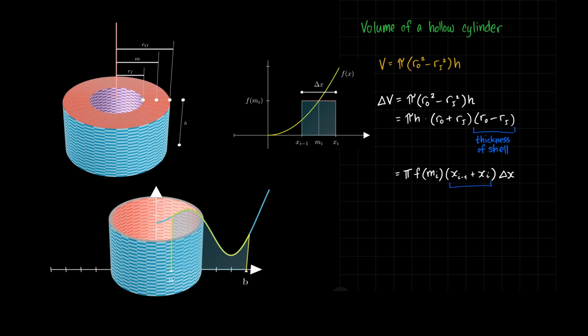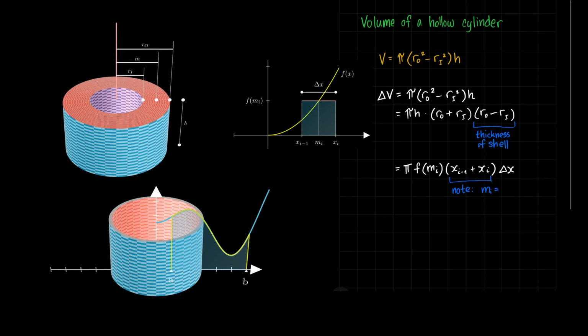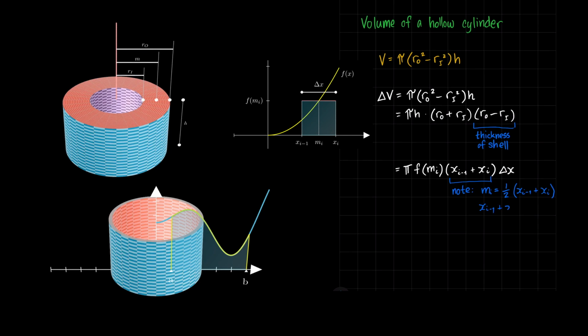Pero si midpoint m sub i, hindi ba siya mismo yung average nung x values nung endpoints nung interval? So, equal siya sa 1/2 times the quantity x sub i minus 1 plus x sub i. So, yung sum nung interval endpoints x sub i plus x sub i minus 1 equal siya sa 2 times m sub i.